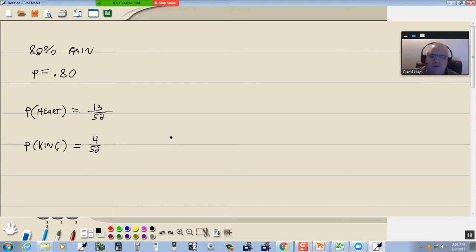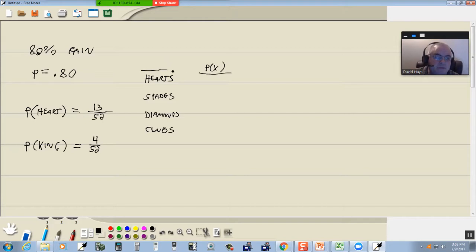Now, sometimes we have to, and I think one of the problems asks you to, build a probability distribution. For example, if I looked at hearts, spades, diamonds, and clubs, and I'm taking a look at getting the probability.